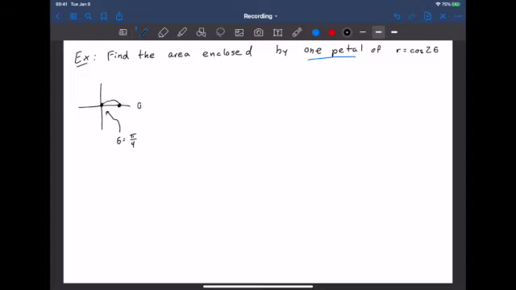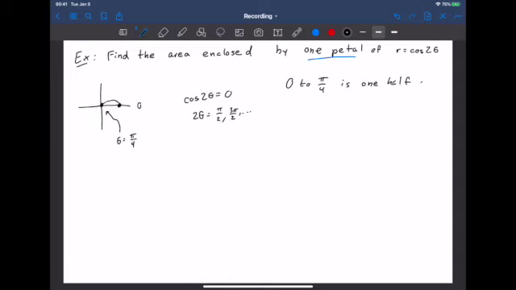Because normally cosine 2 theta equals 0, we're talking about 2 theta equals pi over 2, 3 pi over 2, stuff like that. And we divide both sides by 2. So 0 to pi over 4 is 1/2 of the petal.